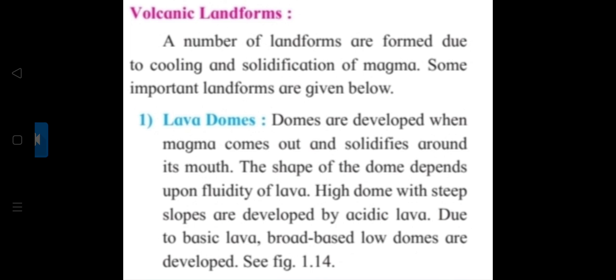High domes with steep slopes, rising sharply, are developed by acidic lava. What is acidic lava? That has a higher percentage of silica and has a low melting point. Due to basic lava, which has a low percentage of silica, broad-based low domes are developed.